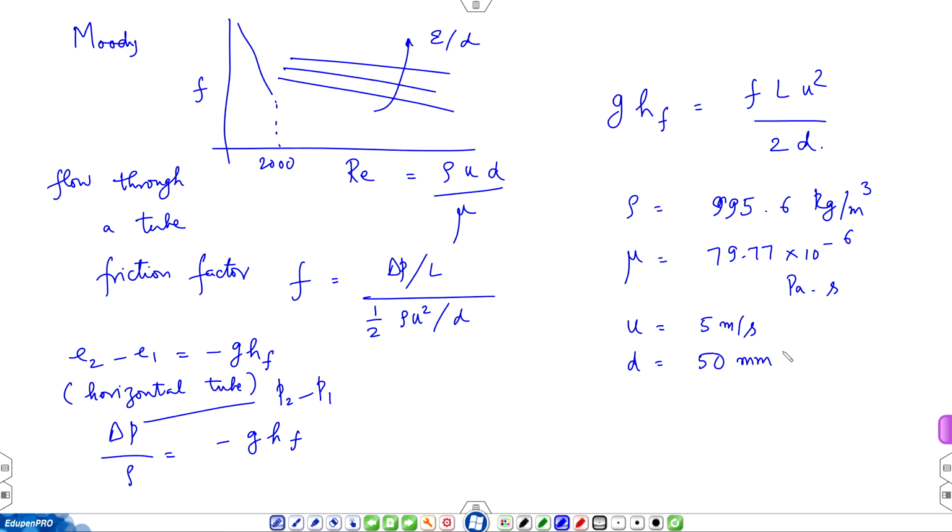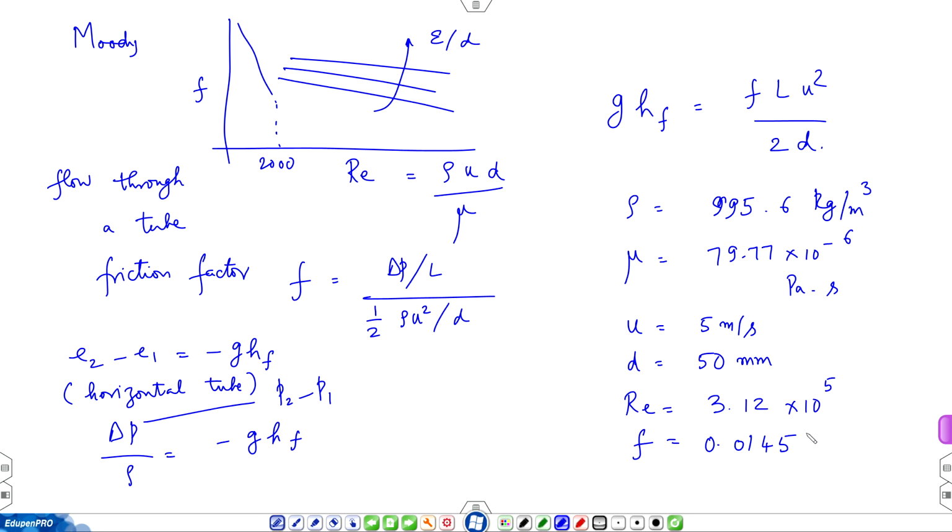Okay, if it is kilopascal, you please convert to Pascal before you evaluate. So, consistency of units is important. So, this will give you Reynolds number of 3.12 times 10 raised to 5 and will give you f equal to 0.0145.